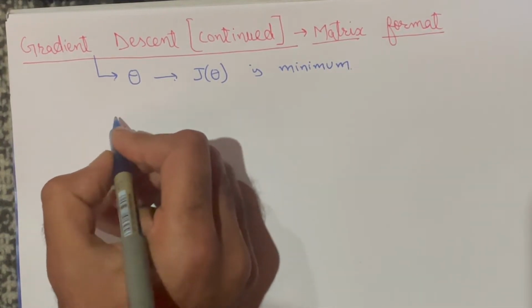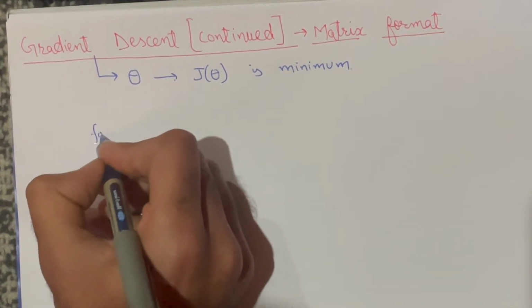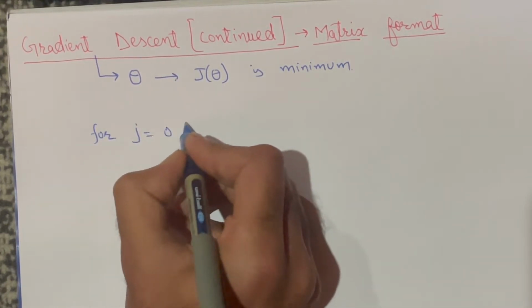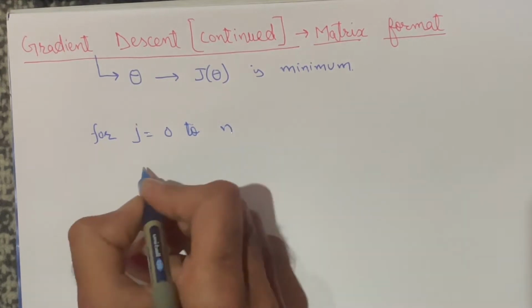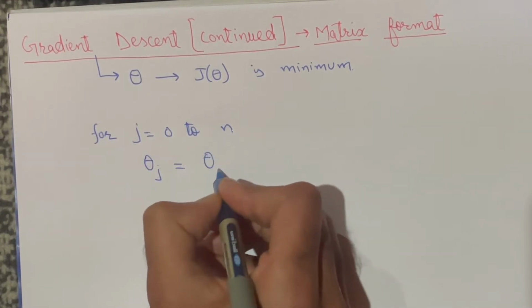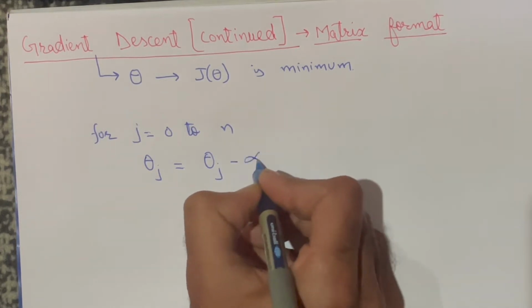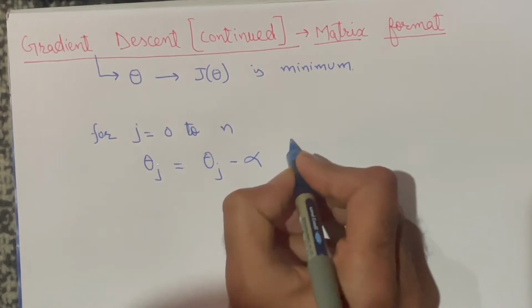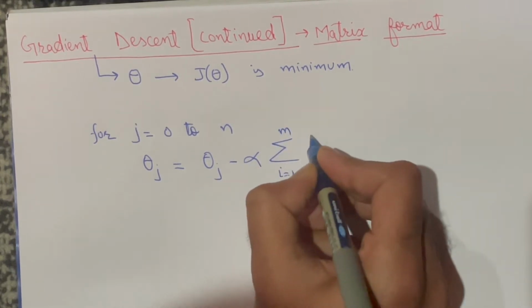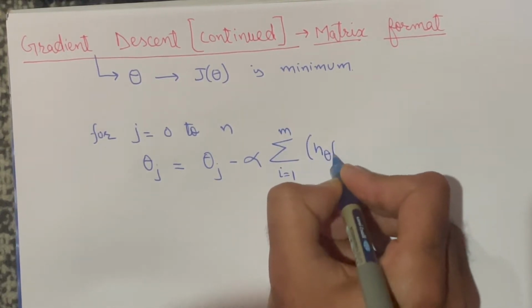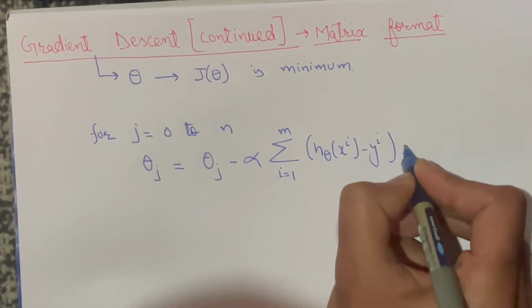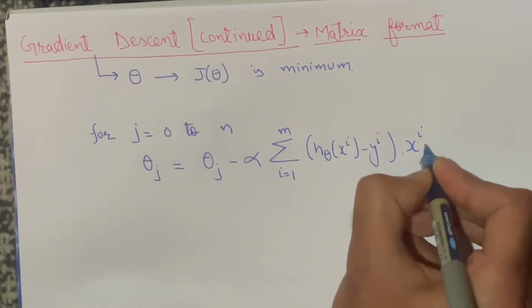Our algorithm is: we will update, for j equal to 0 to n, this theta j, and theta j will be equal to theta j minus learning rate into summation i running from 1 to m, h of theta x i minus y i, into x i j.